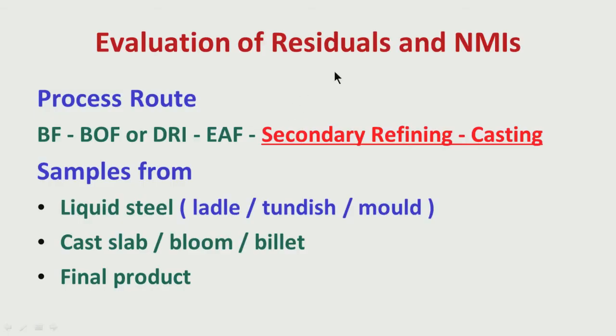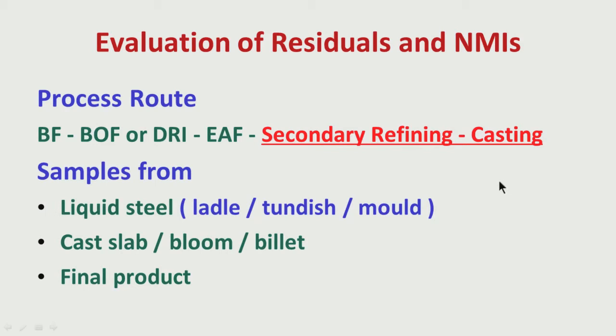So, basically for evaluation of residuals and NMIs, samples can be taken from the liquid stage, obviously from the final stage of refining, because that is the final stage where the quality has more or less come to a particular level. We cannot take the samples before that, because after that many refining actions will be there.